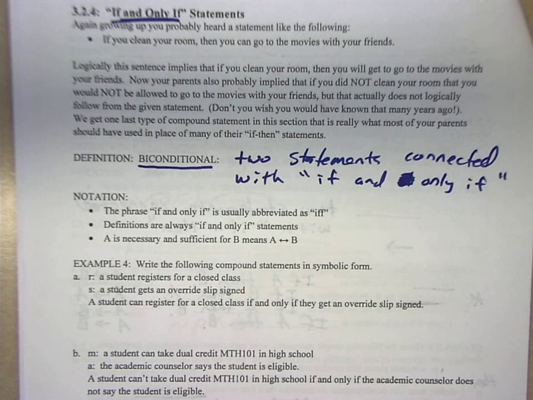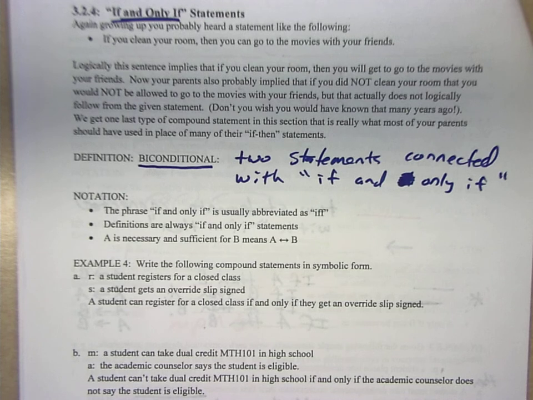If and only if is a stronger statement, meaning one and the other have to be the same. So what we really mean is, let's use the in-class example. If everyone in this class gets A's on the first exam, then you will get pizza.